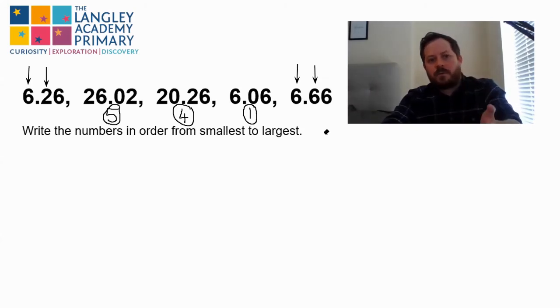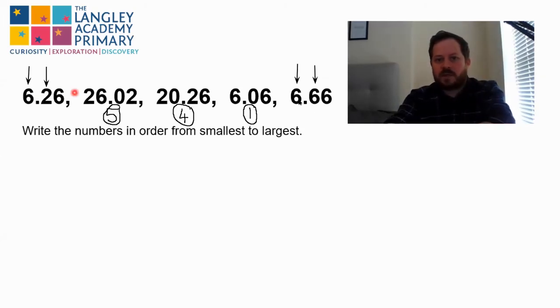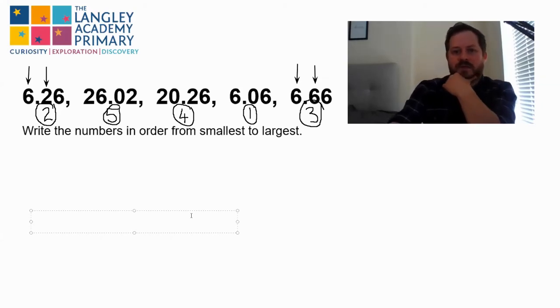So we then look in the column that we're currently looking in. We've got 2 tenths here, we've got 6 tenths over here. 2 tenths is smaller than 6 tenths, so that would come first. That means this one will be the second number, and this number would be the third number. Then what we can do is place them in a line and place them in order.